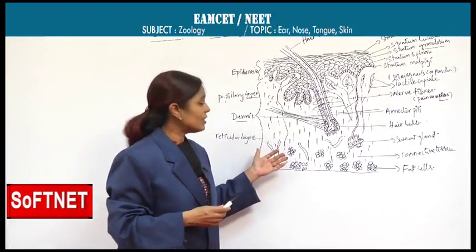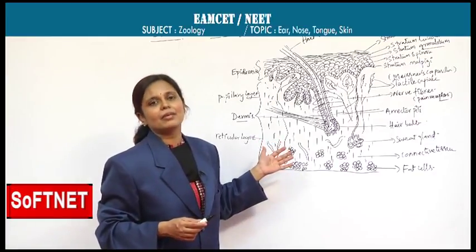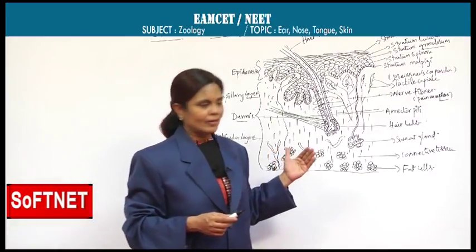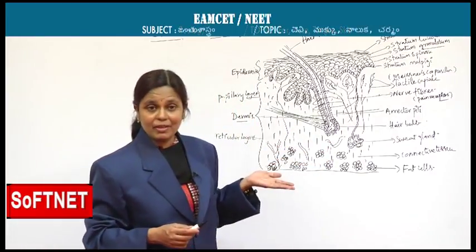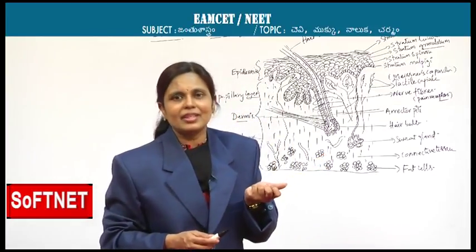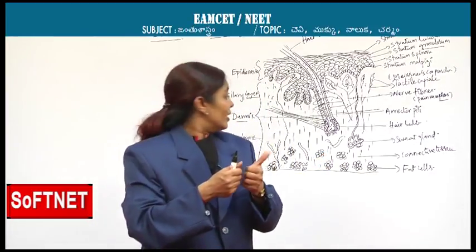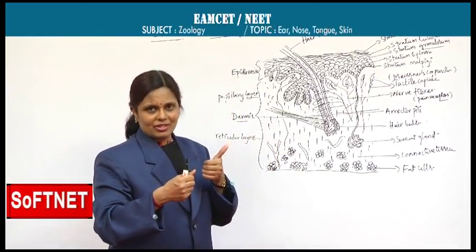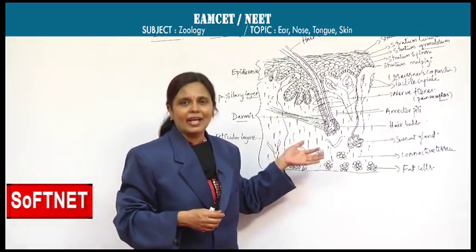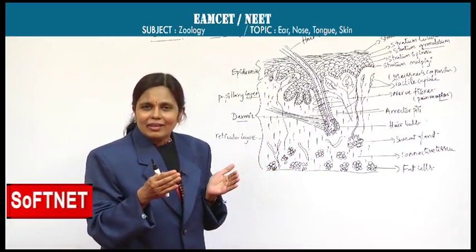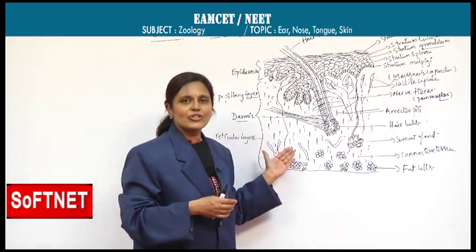Now, these collagen fibers give mechanical strength to the skin. Whereas, what are elastic fibers for? Elastic fibers help in regaining the shape of the skin. So, because of the collagen fibers, skin can be stretched to a certain extent, and because of the elastic fibers present there, the skin can be back to its shape.